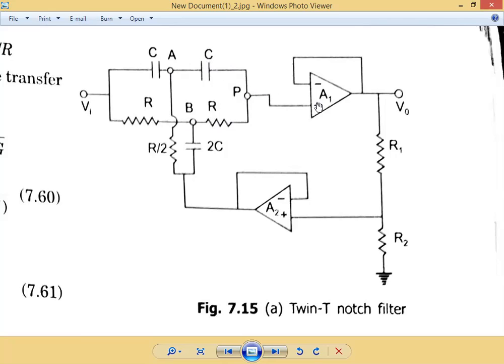So in this part we are having (VA minus V naught) into SC, plus in this part (VB minus V naught) into G, because here we are having R. In the place of R we are going to write 1 by R as G, which is equal to 0.